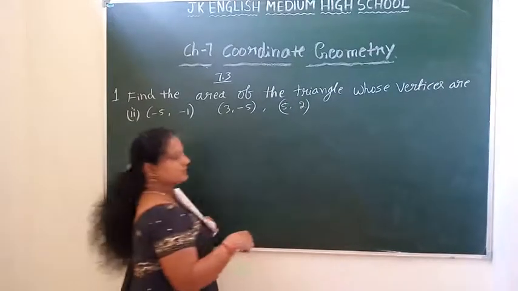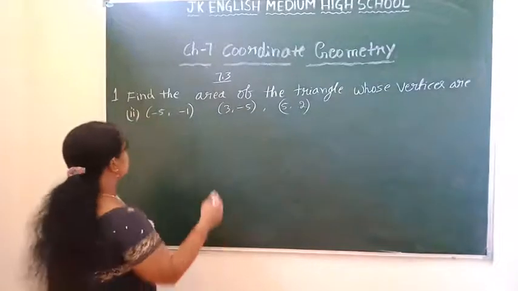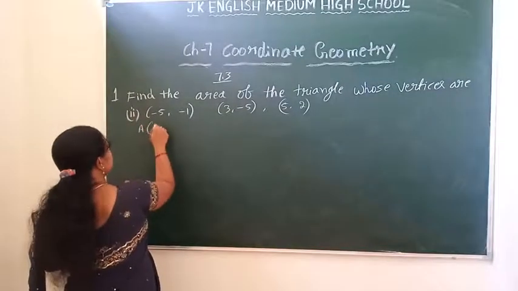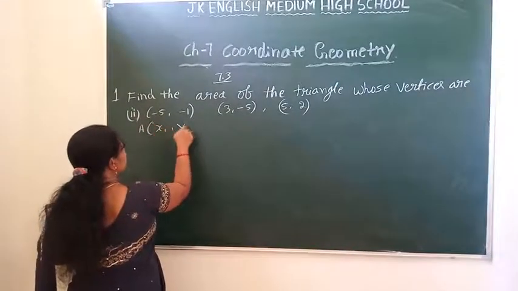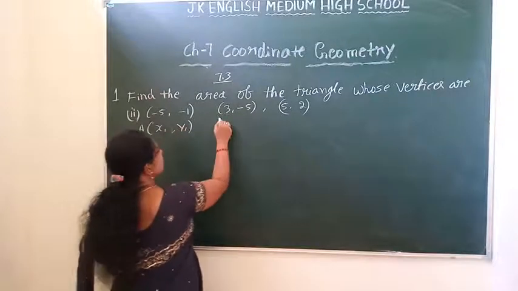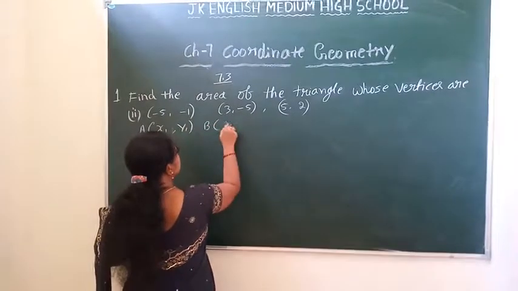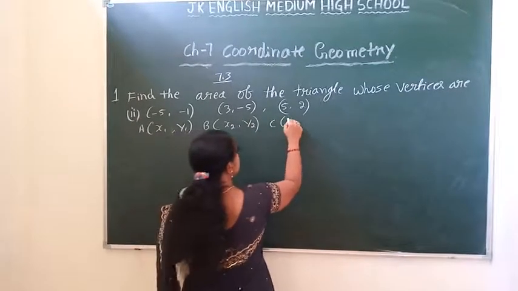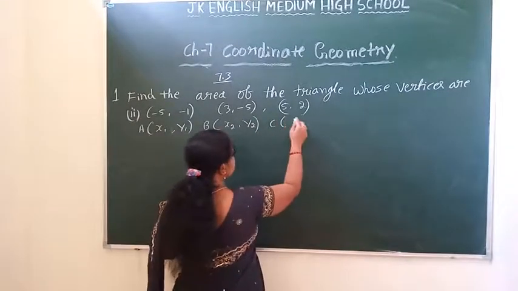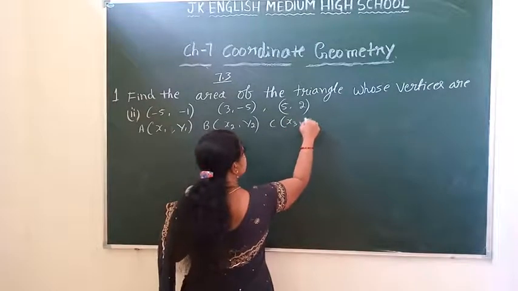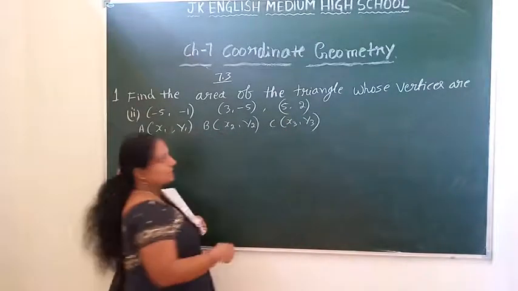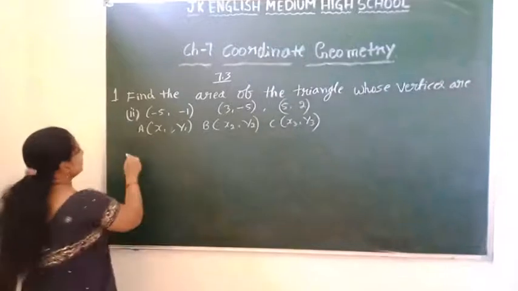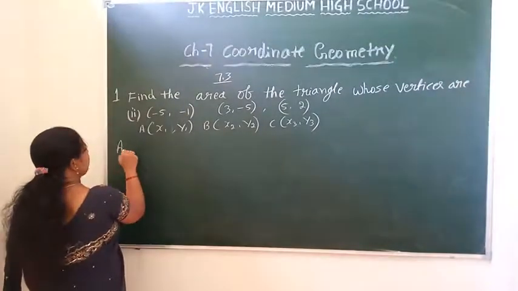Consider this, let this point be A, x1 y1, B point x2 y2, C point x3 y3. Let these 3 vertices be ABC and we will take the coordinates like this, and we will write the formula.